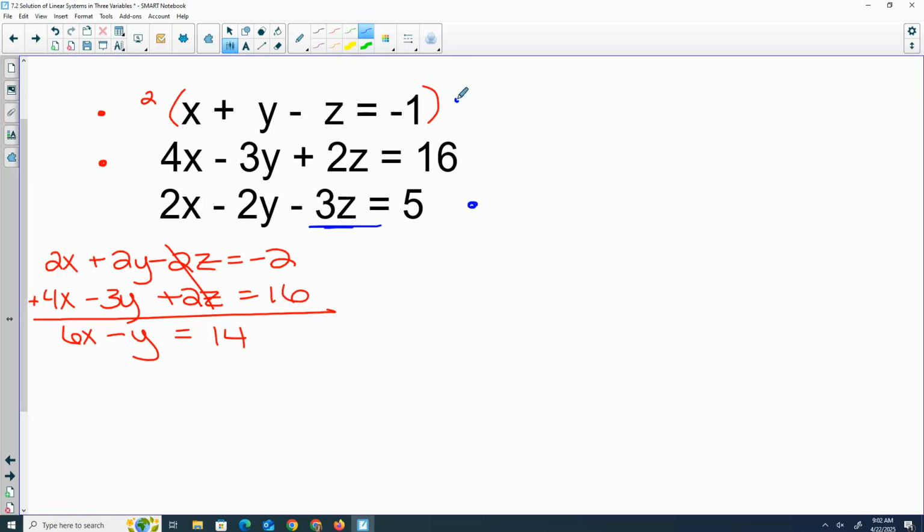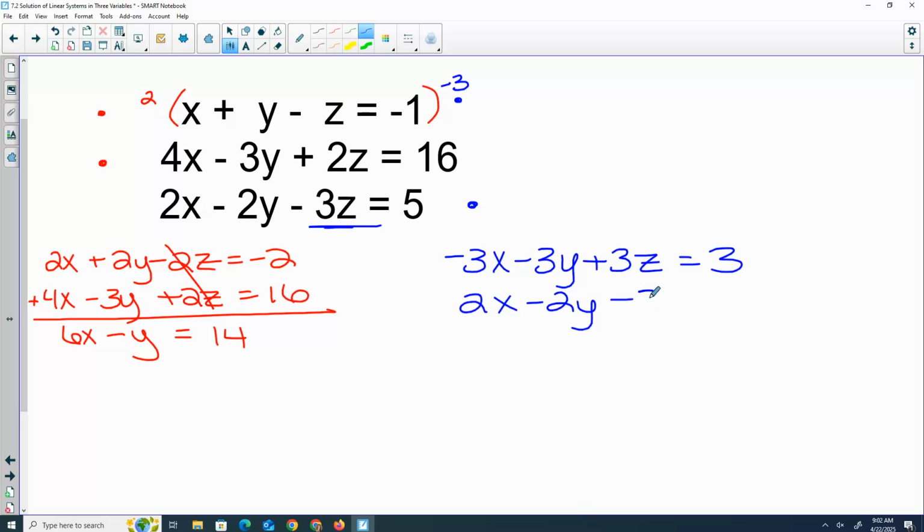The first. If I want to eliminate the z, what would I have to multiply the first one times? We need it to turn into a positive 3, so multiply by negative 3.